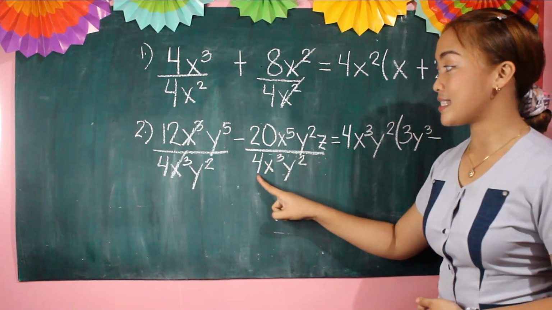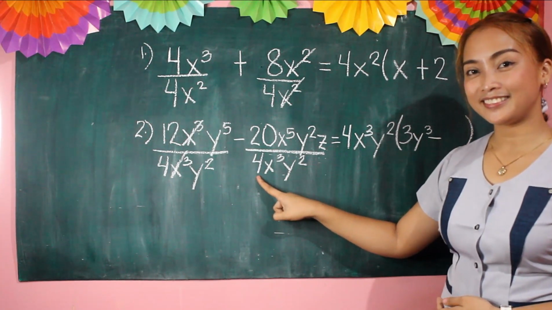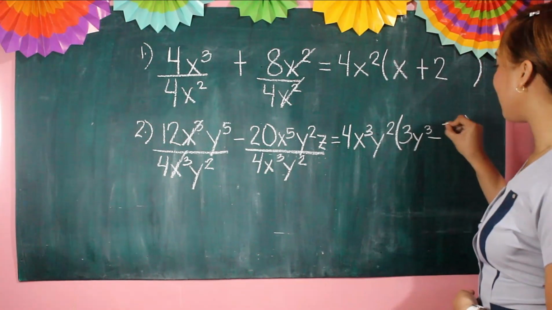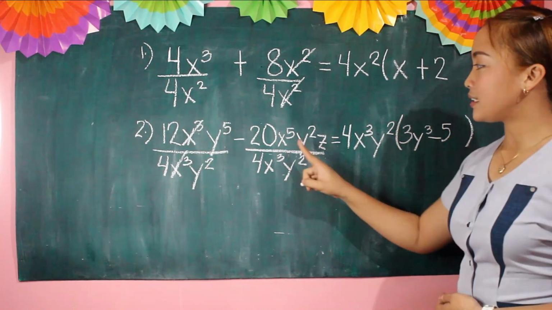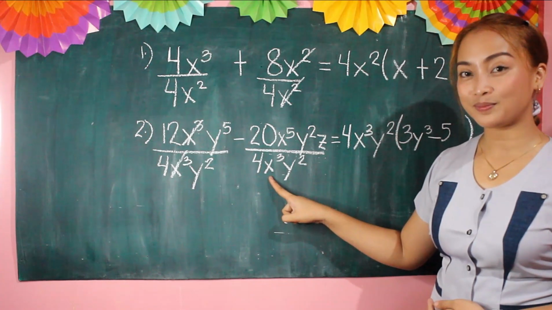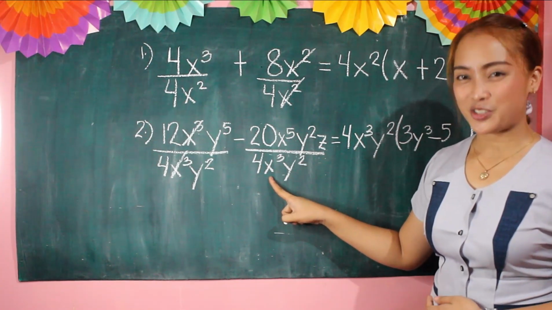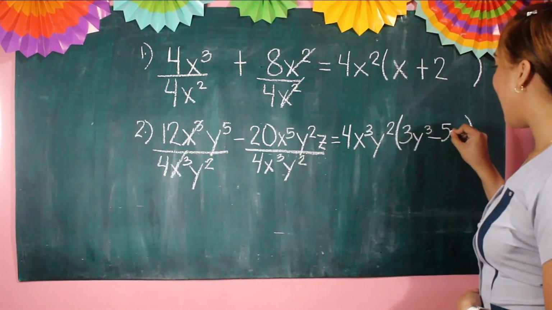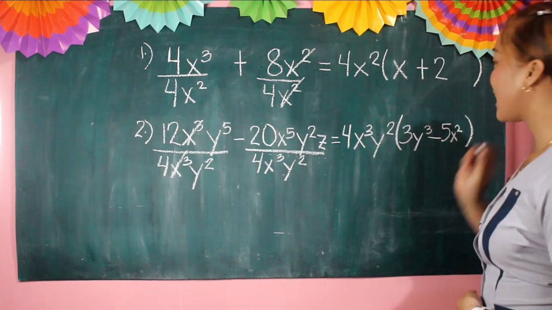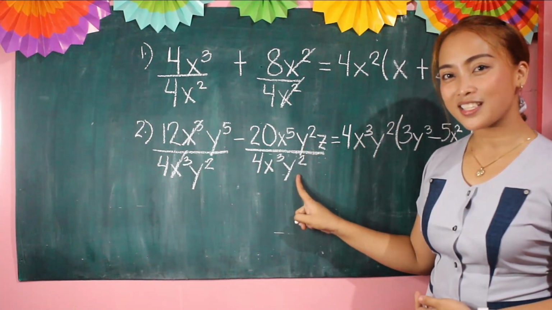What is 20 divided by 4? We got 5. Now, what is x to the 5th divided by x cubed? 5 minus 3 is 2. We have x squared. Next, what is y squared divided by y squared?